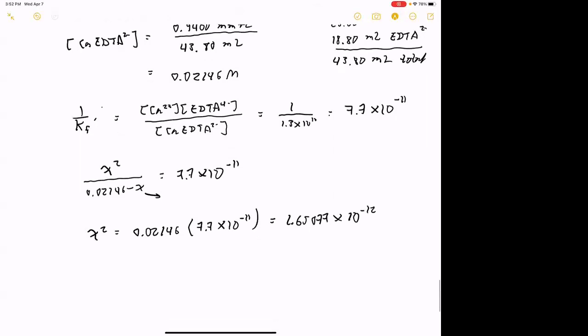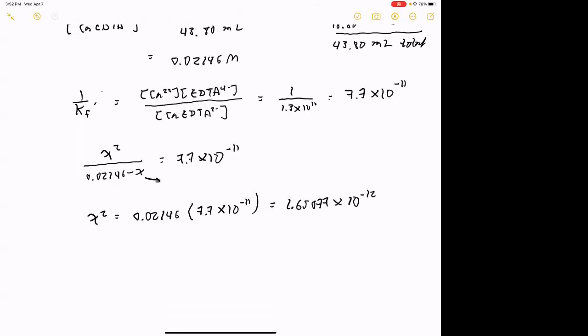But then to get to X, I need to take the square root of both sides. So now X turns out to be 1.2848 times 10 to the minus 6 molar free calcium. We can come back and get sig figs here in a minute. How many sig figs do we need, guys?